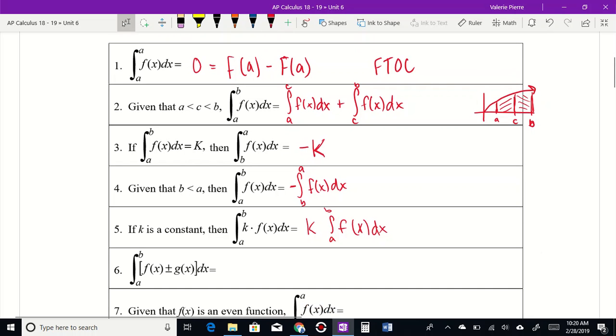Another one that we've been practicing is if we have the integral from a to b of f of x plus g of x, or f of x minus g of x dx, that's equal to the integral from a to b of f of x dx plus or minus the integral from a to b of g of x dx.